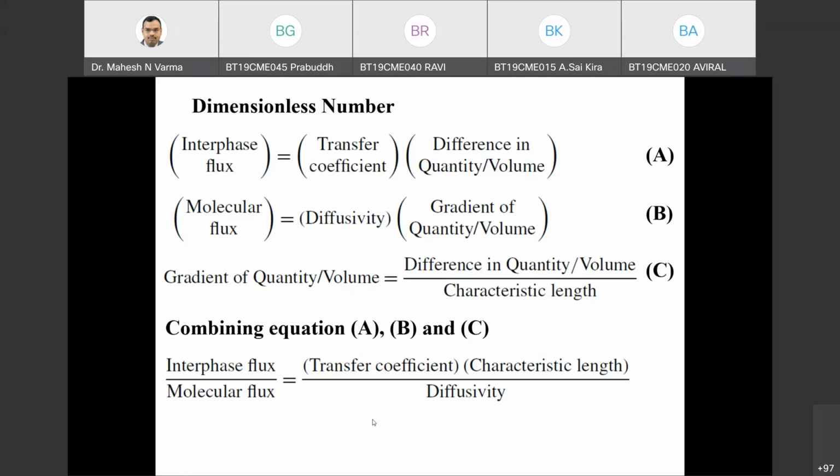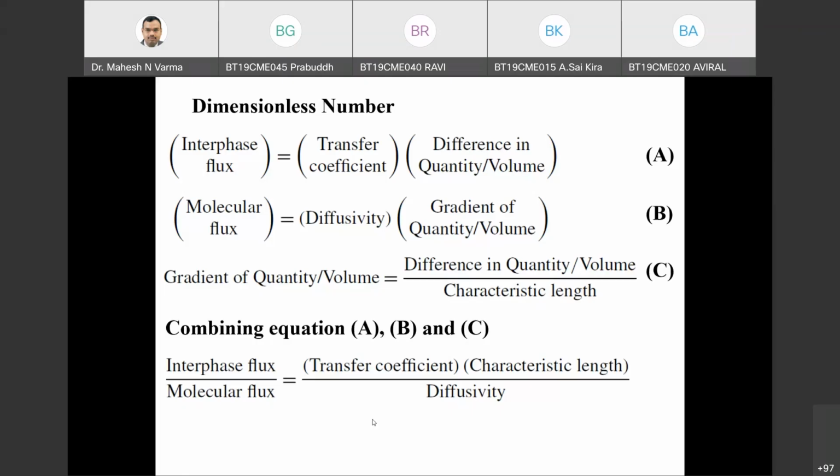What is the characteristic length in momentum transfer? So you can say L. And what is diffusivity in momentum transfer? So mu is the momentum diffusivity. Sorry, sir, mu by rho. Mu by rho.